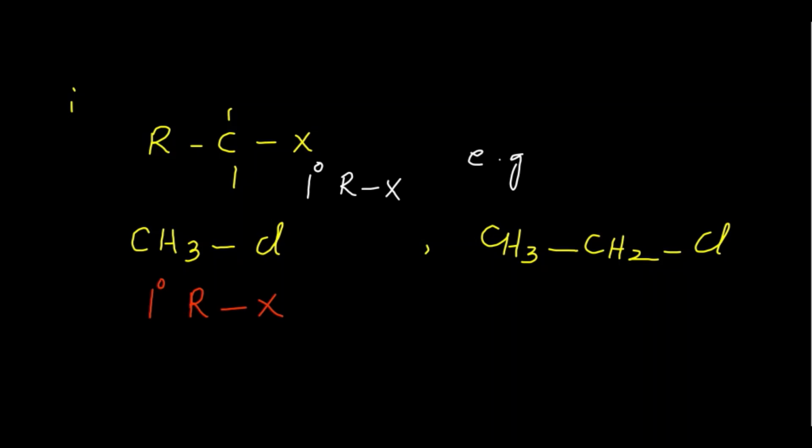Likewise, if we see this example, you can notice this is a functional group. What is the nature of this carbon with which this functional group is attached? Yes, this carbon is primary carbon.